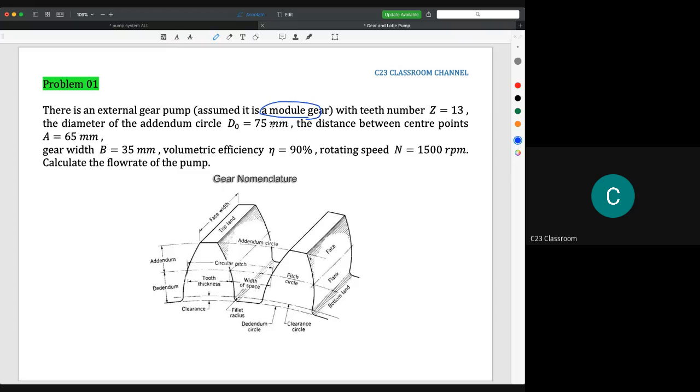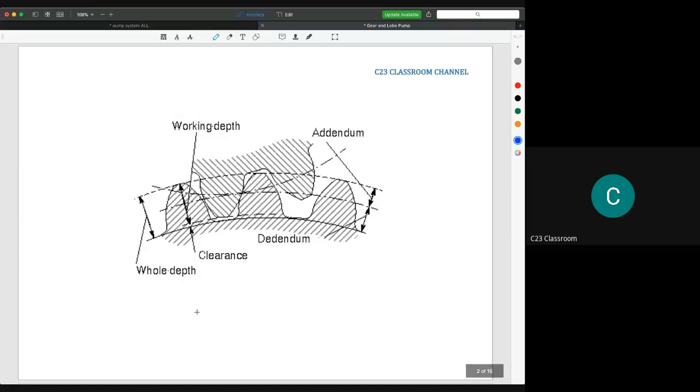Okay, so let's say this is the design of the gear. You know that we have the addendum and the dedendum here. The dedendum means the level from the pitch here to the bottom here, and to make sure that our gear is not stuck, we need to have a clearance here. This is just a revision.